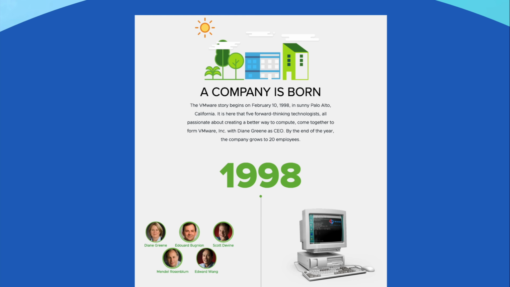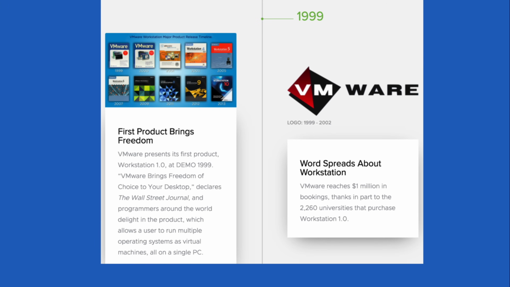So a company called VMware started back in 1998 in sunny Palo Alto, California. And that completely revolutionized everything because VMware was the pioneer in the realm of compute virtualization.